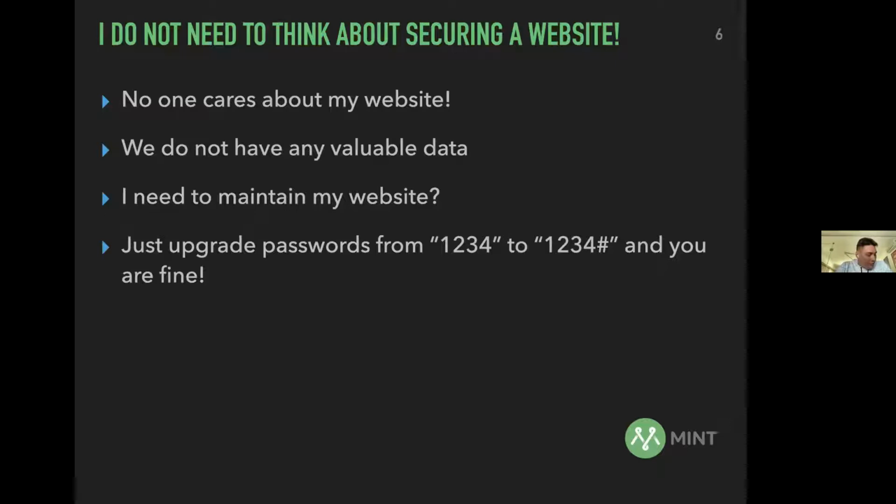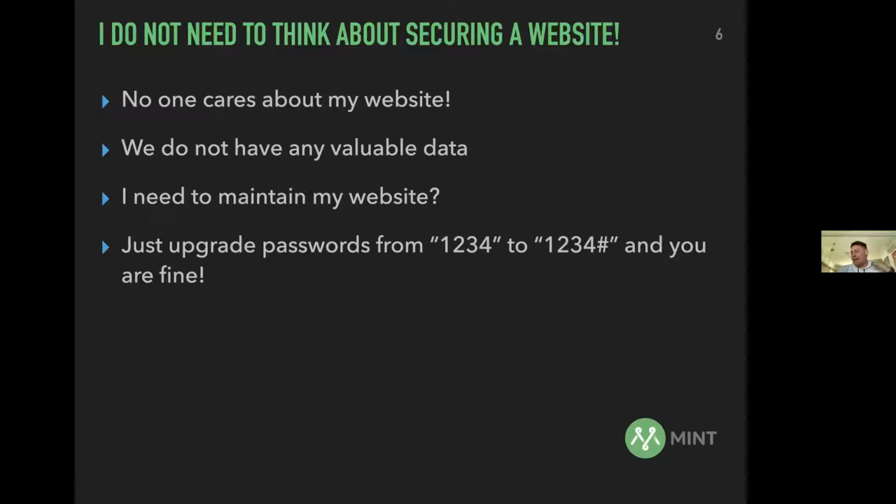This is, I think, the 7th or 8th time that I'm speaking about WordPress security in the past 3 years. And usually I open my presentations with this slide. There are some groups of people that still think that there is no reason for them to think about securing their website.